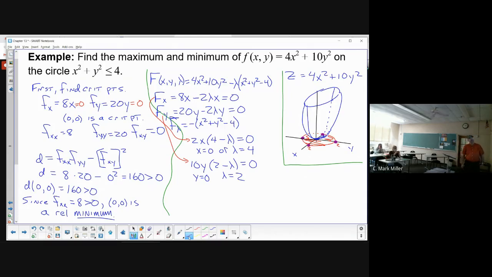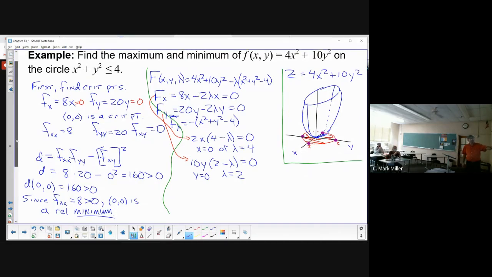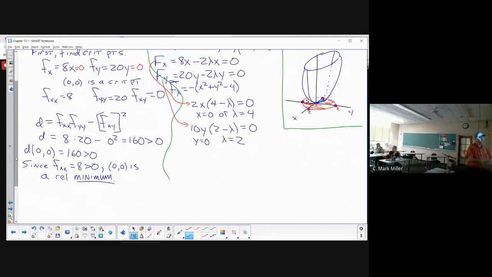Now the lambda equals 2 gives us... Well, okay, just hang on to that a second. You don't do much with it. If x equals 0, I have x squared plus y squared equal 4.